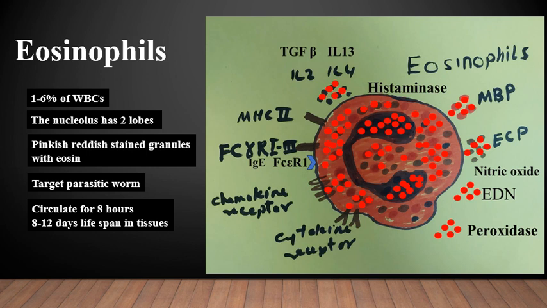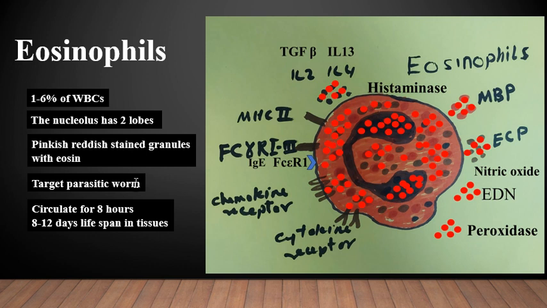Eosinophils are granulocytes. They are around 1 to 6% of the total white blood cells. The nucleus has two lobes, as can be seen here. This is one lobe and this is another, with reddish or pinkish granules stained with eosin, as can be seen here.